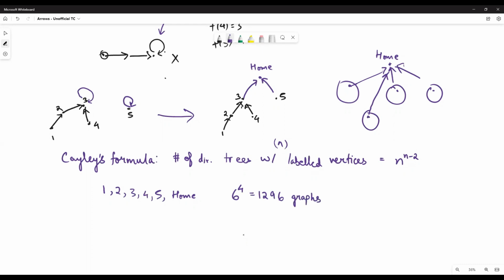But notice that there would be some graphs which would not work because of the path condition. Every path has length at most 2. So paths with length 3 won't work.